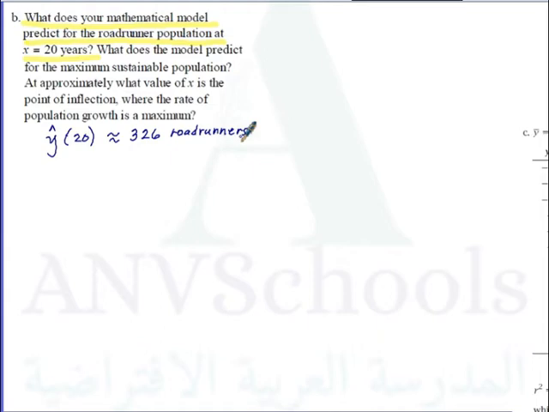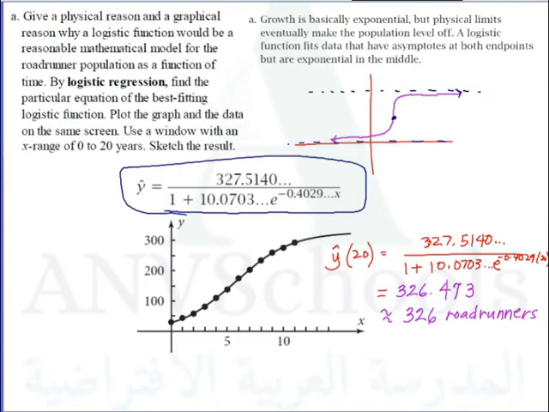What does the model predict for the maximum sustainable population? So this is A, and for B, using again the model, let's take a look at the model.